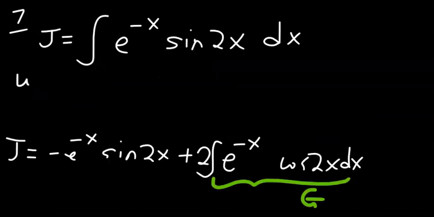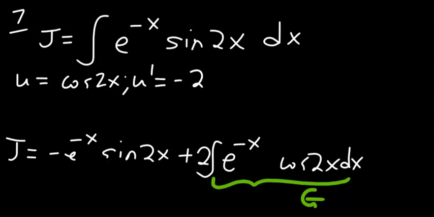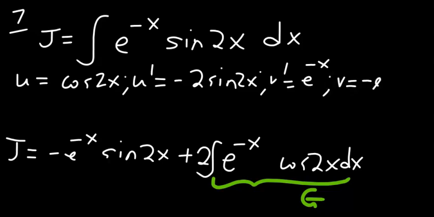So again, let's set u, a new u, as cosine 2x. So that means your u prime is minus 2 sine 2x. Your v prime is e to the power minus x, and your v is minus e to the power minus x.